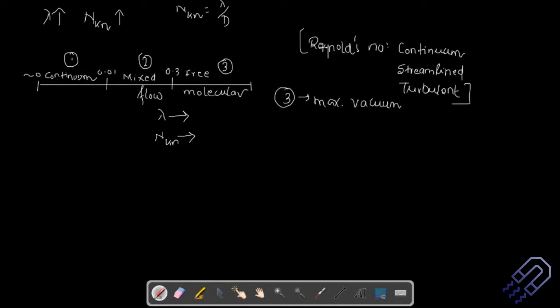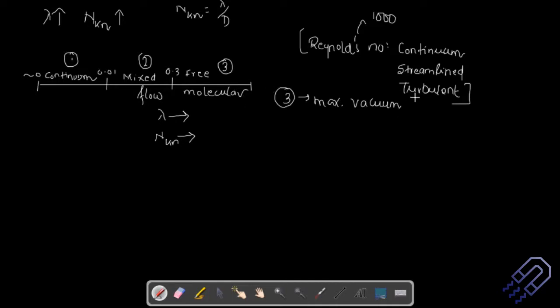If you remember Reynolds number, the values were around, let's say, 1000 and so on. So it's a different unit altogether, a different type of calculation. But in this particular case, if you have the value as 0.3 or greater, you're going to go towards a vacuum range. So more vacuum. It's not that this is the end, we have even more vacuum than this. You can have a greater vacuum.